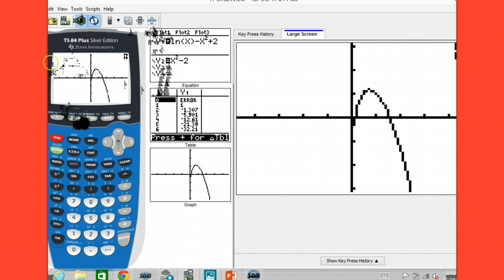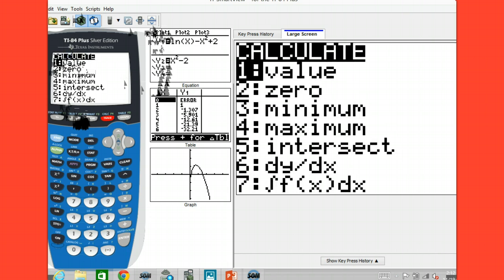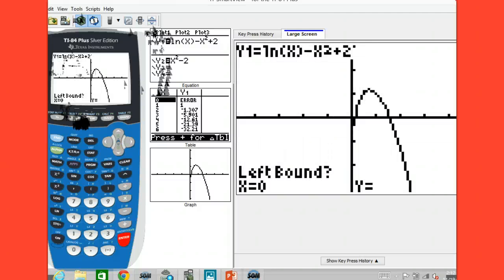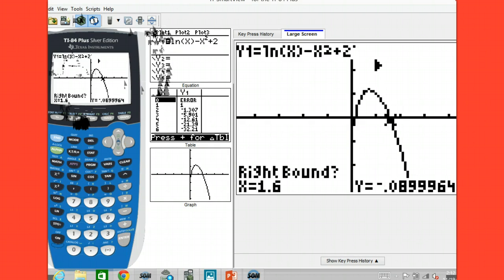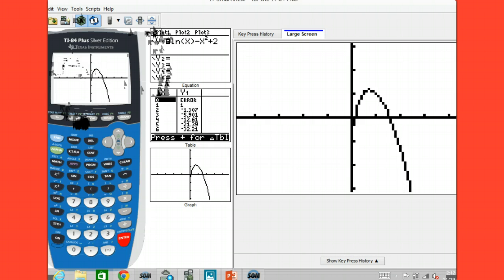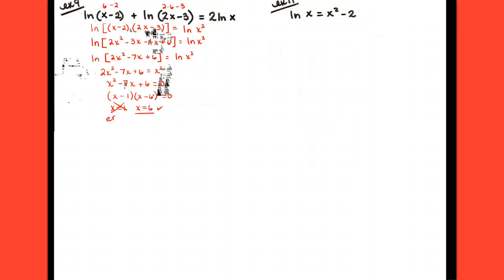And so remember that in our calculate menu, we choose number 2 there. 0, root, solution, intersection, not intersection, I'm sorry, x-intercept, all the same thing. So I would choose my 0, and that's where they're going to ask me to give them boundaries so they know where to look. So we always give them a left boundary and a right boundary and a guess, and then it can find that point. Okay? And we would repeat that process for the other x-intercept as well.